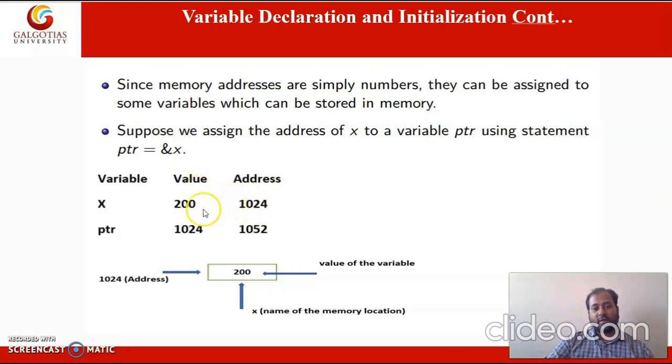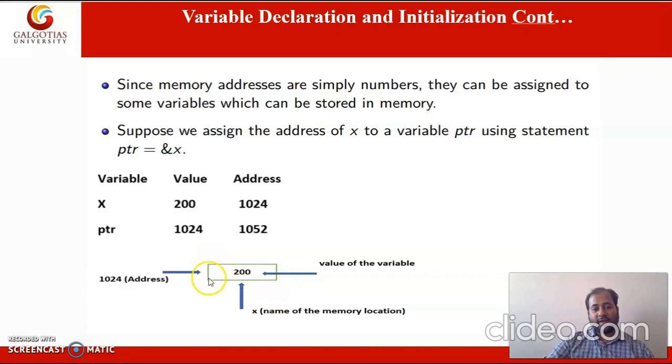So the value of pointer will be 1024, and it is also having unique address, and we have assumed that it is stored at the 1052. Okay, so in this way we can store address of variable to the pointer. So here in the diagram you can see we are having the variable x.